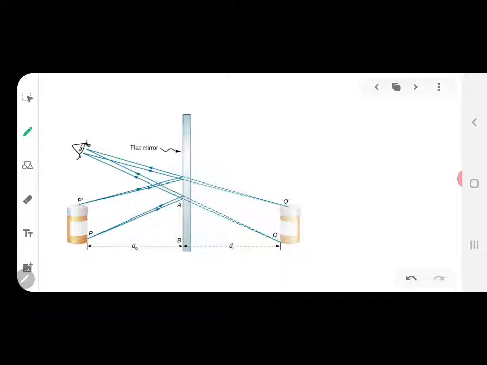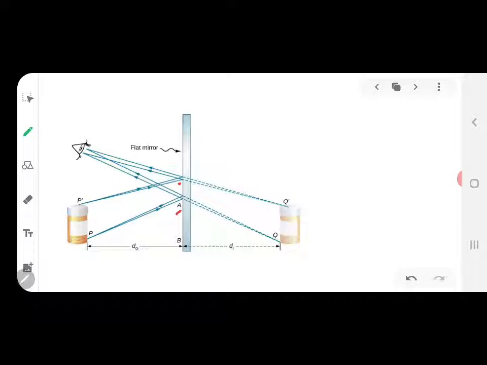Very easily you can trace the rays traveling from the object, and its image is formed by this flat mirror, or what is referred to as the plane mirror. Now in this case you can see that after the ray of light hits the mirror, it gets reflected, but the reflected rays do not actually meet at a point.